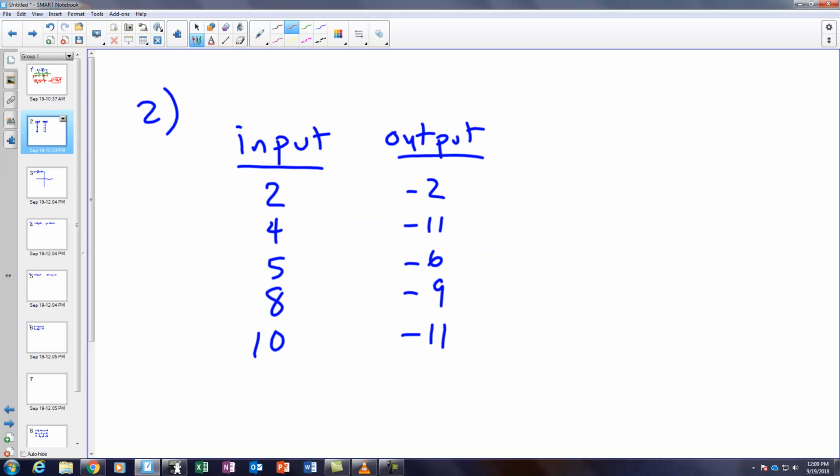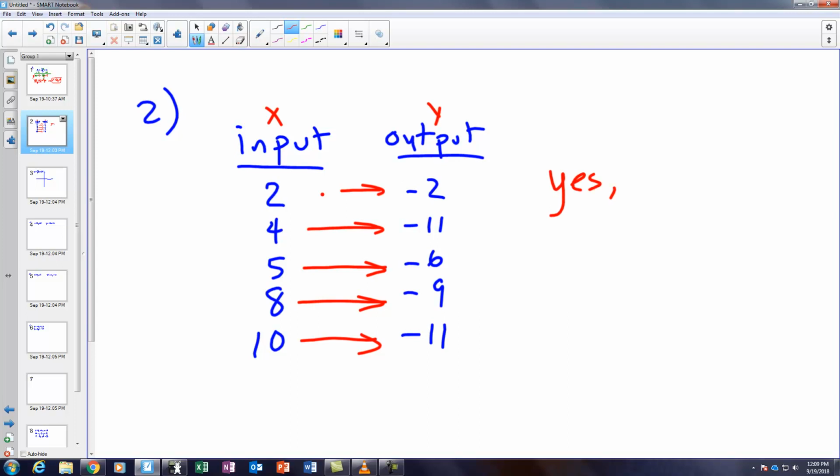Question number 2 gives you a list of inputs and outputs, and your job is to determine whether it's a function or not. Given the fact that each input has exactly one output, meaning that if I pick an x, which is my input list, I know exactly what the y value is, what the output is, I can say that this is a function, but I also need to state why.